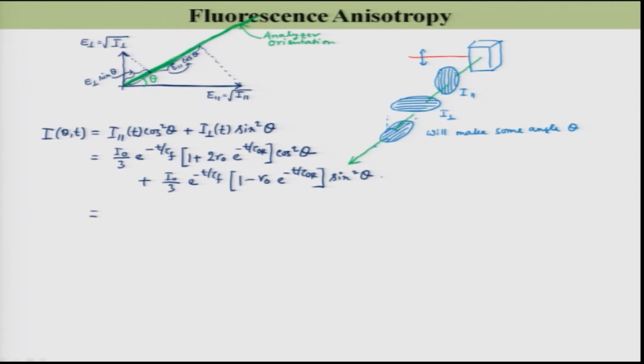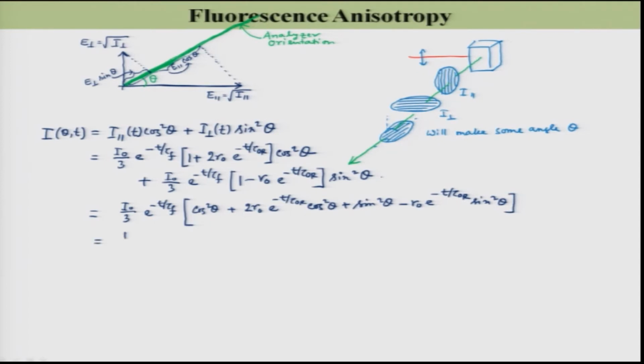This will be equal to I 0 by 3 e to the power minus t by tau f. I will take this common, and then I will write it once again. So this will be cosine square theta plus twice r 0 e to the power minus t by tau r cos square theta plus sin square theta, and then it will come as a minus r 0 e to the power minus t by tau r sin square theta.